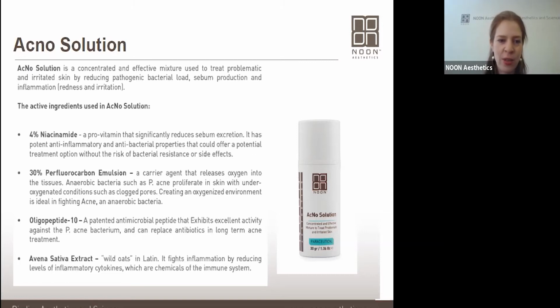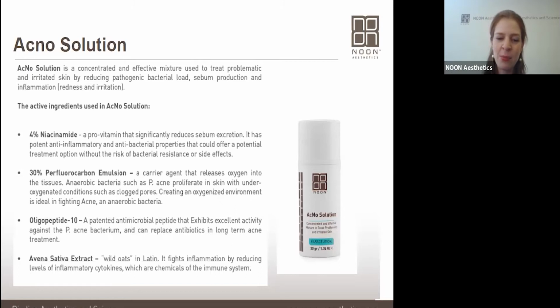The second ingredient you see here is 30% of perfluorocarbon emulsion, an oxygen carrier. As you know or don't know, P. acne is an anaerobic bacteria, and when it meets oxygen, it can't thrive. It just stops.